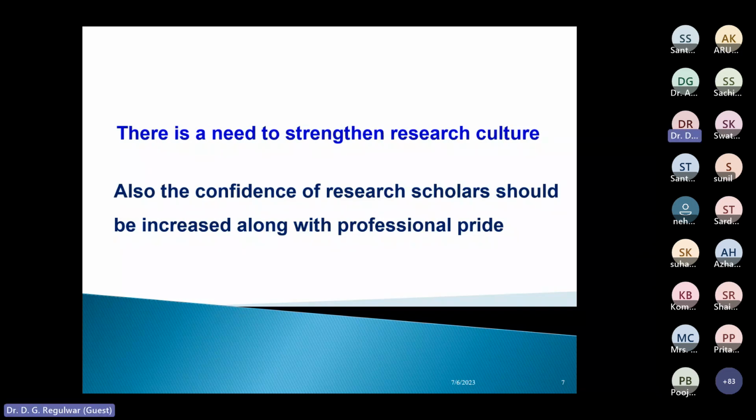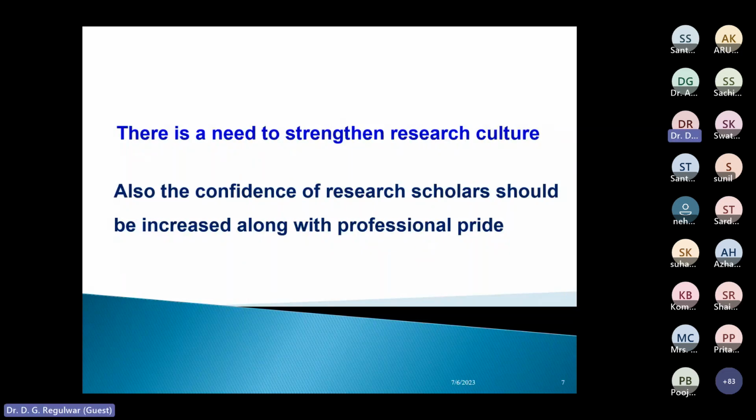In every institute, the research culture should be there and it should be strengthened. Those who have visited IITs or IISc can understand what a research culture is.